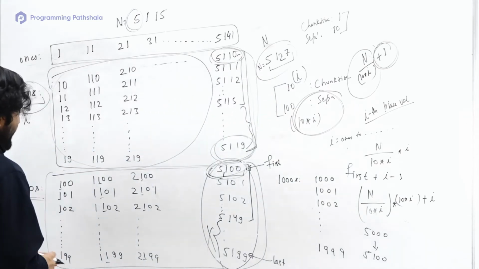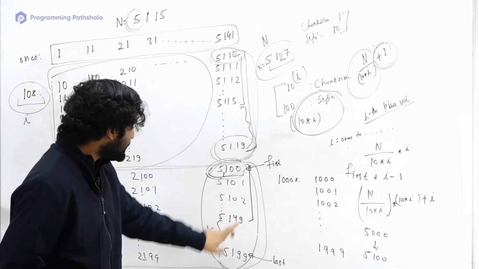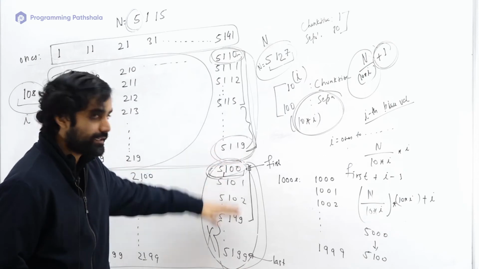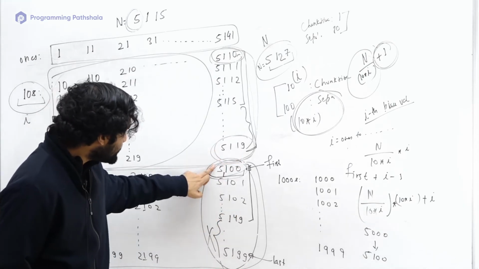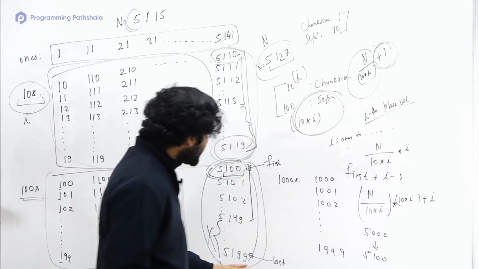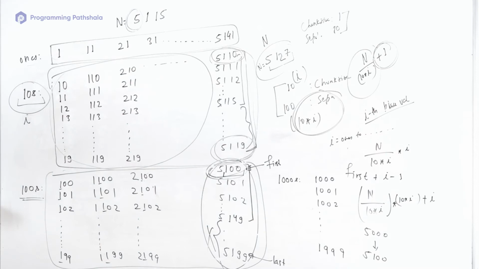In fact, you can just take a look over here. If you have 5100, then the last element is 5199. Why? Because there are 100 elements over here. So the last element will be this plus 100 minus 1. So you know the first element, you know the last element, and then you can have the job done in a very easy manner.